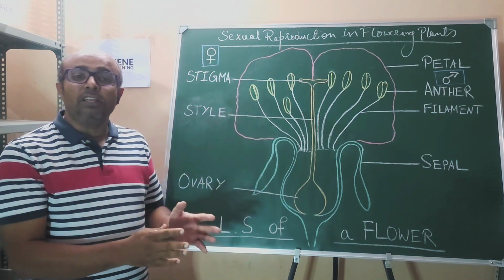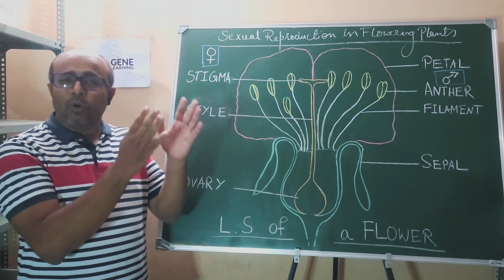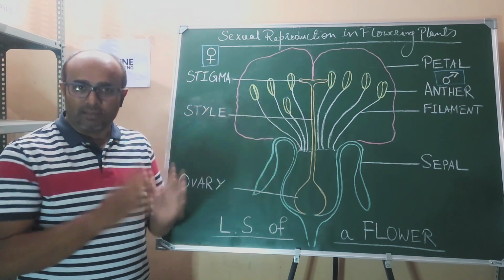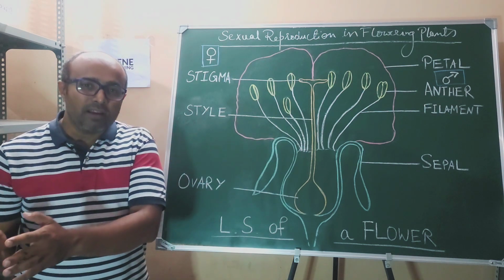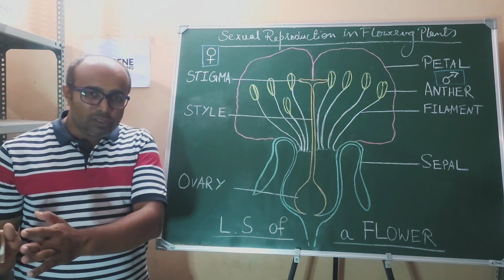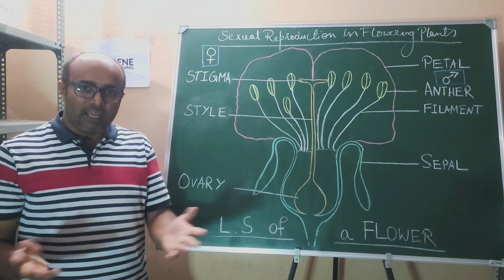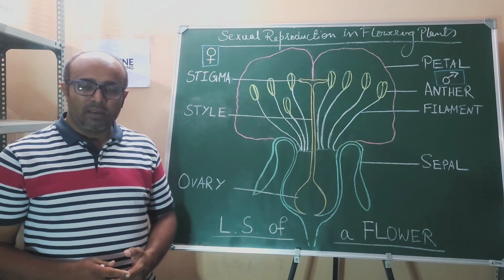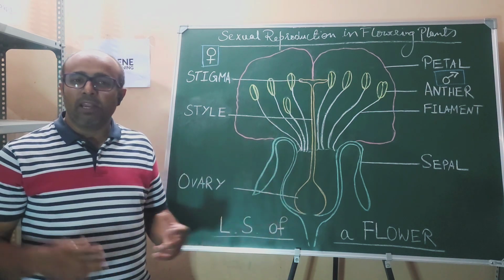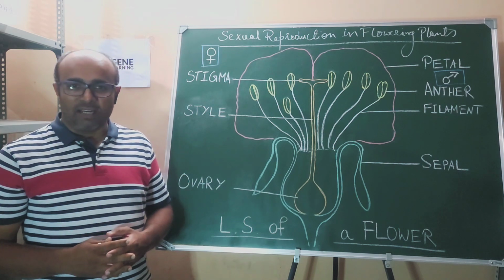If we find only female flowers in a plant, then that is a female plant. And if we find a plant with only male flowers, those are called male plants. Papaya is a very good example for this. So we find a male papaya plant as well as a female papaya plant.